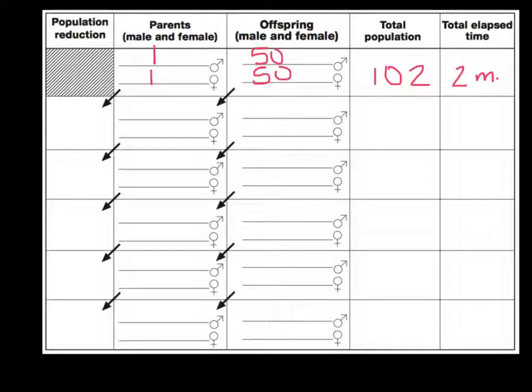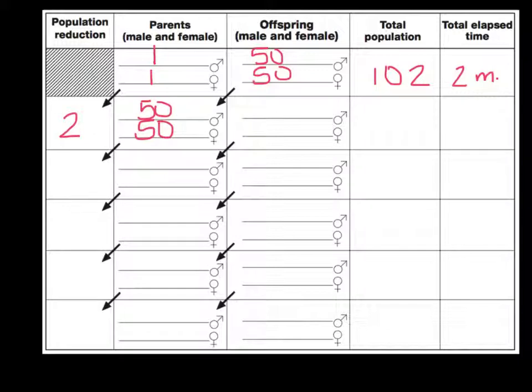How many of these do you think are going to die off? 2, the parents. So we have 2 dying off. But how many males and how many females would be around to reproduce? Yep, 50 and 50. Good.